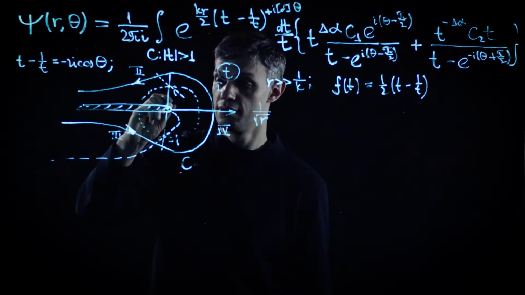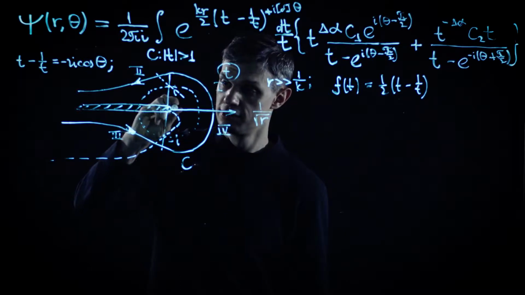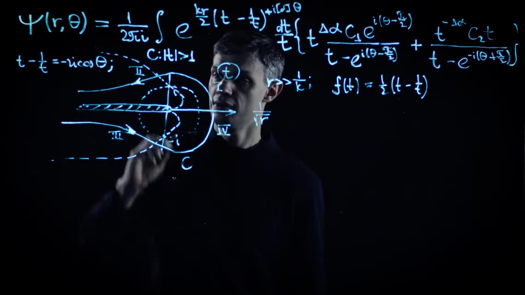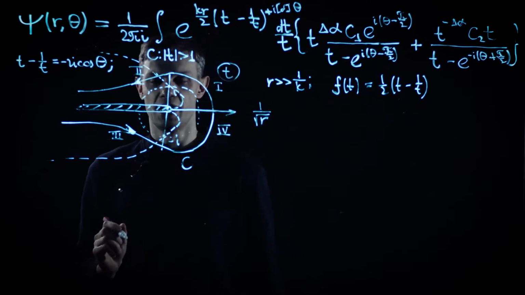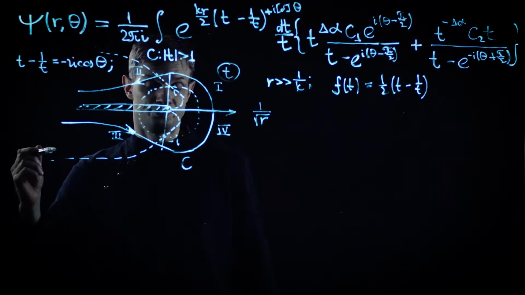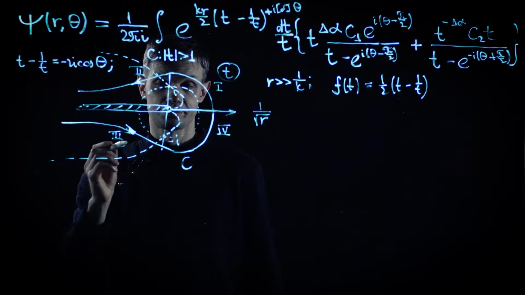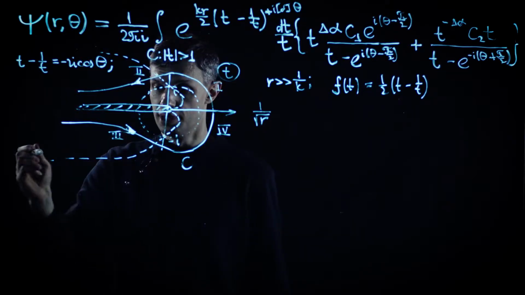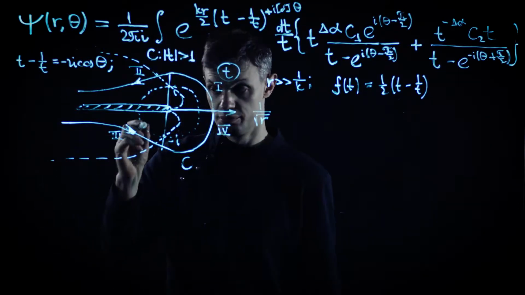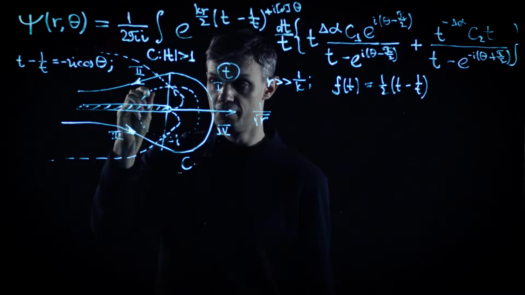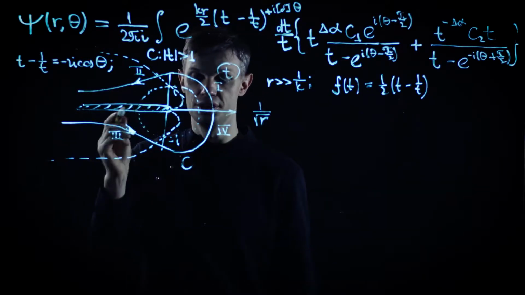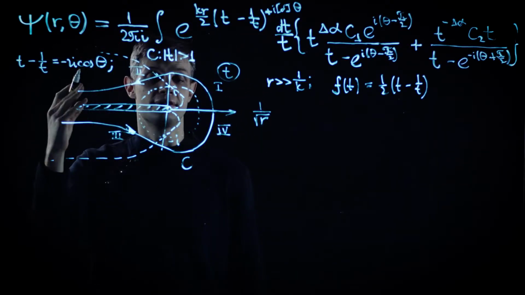And there is an adjacent line which passes through the second saddle, the upper saddle. Right, so as you see, in principle, these two lines can go far from the poles if they are positioned here, and the poles won't give us the correct contribution.